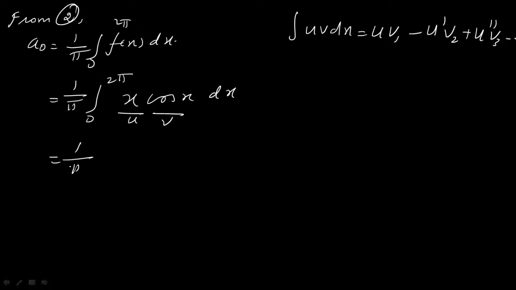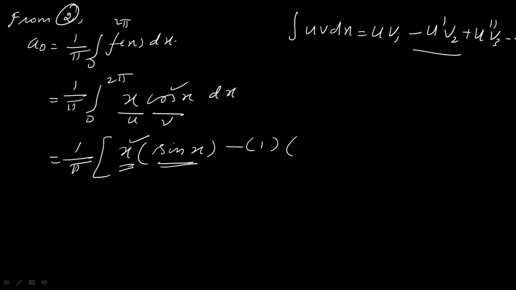While integrating you get 1 by pi, u is nothing but x, v1 integrating cos x you get sin x, u v1 over, next minus u dash v2. This is your u, so differentiating x you get 1, and this is your v. This is your u, this is your v1. So v1 is nothing but, while integrating sin x, you get minus cos x.